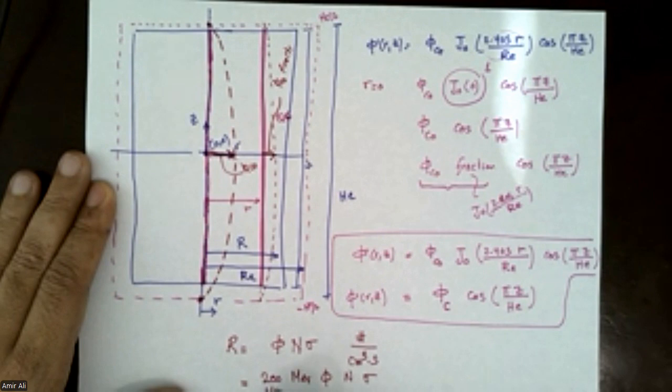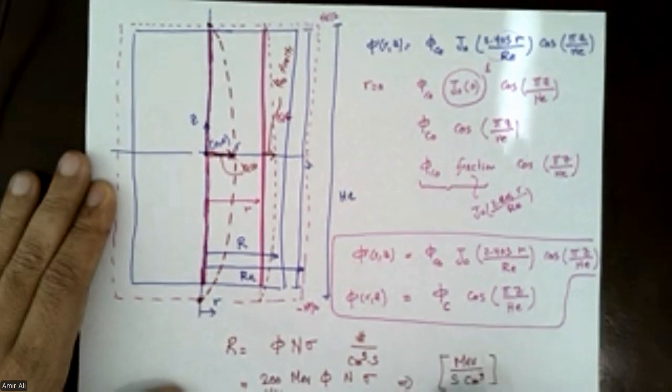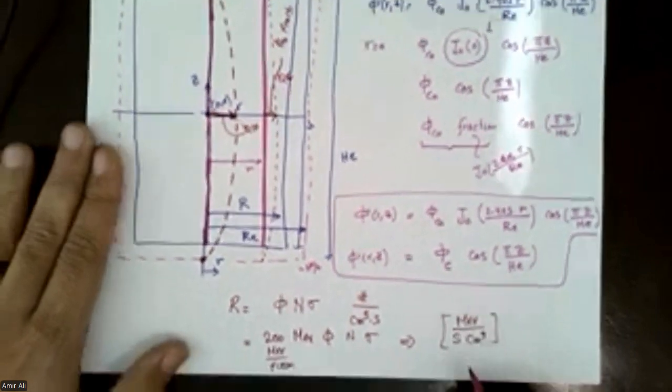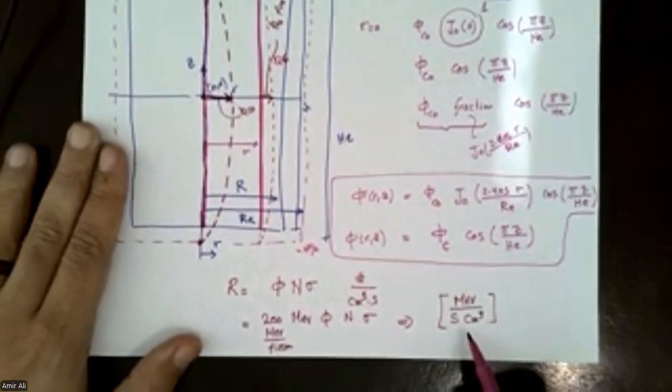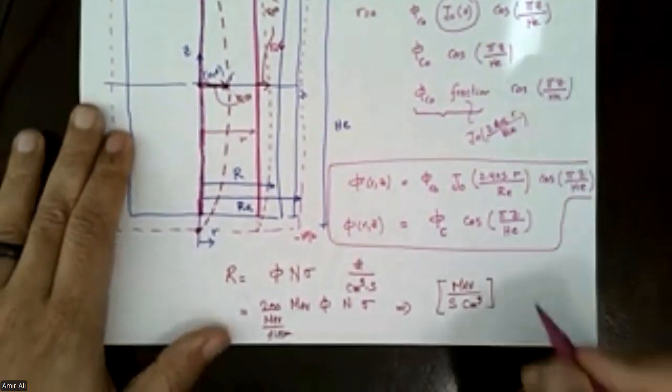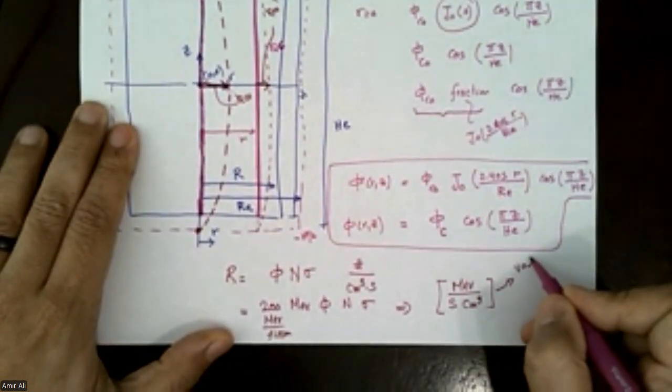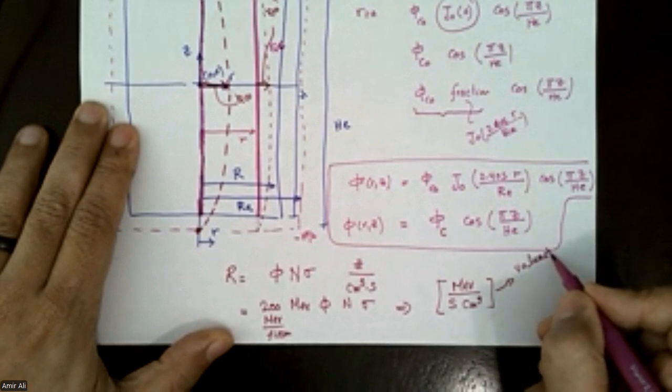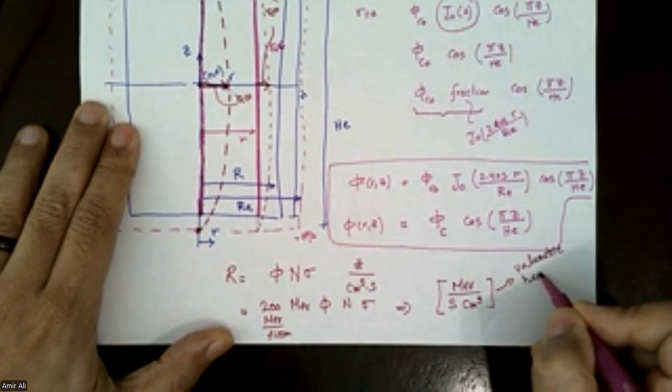This is MeV per fission, per reaction. If you multiply that, you're going to end up having MeV per second per centimeter cubed. What do we call that? MeV is energy. Energy per time is power. Power per unit volume, that's what we call what? Volumetric heat generation.